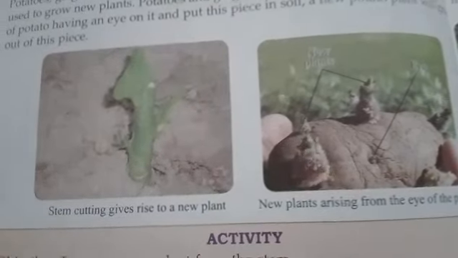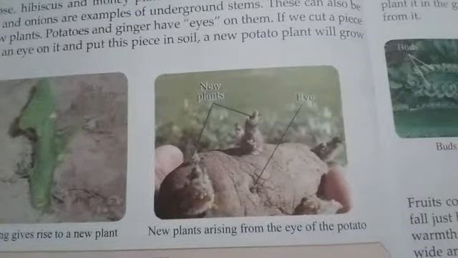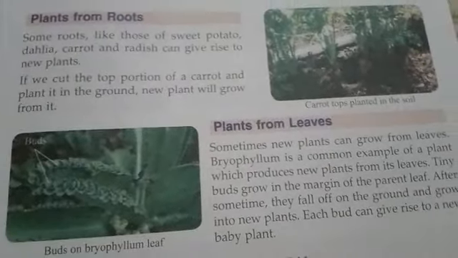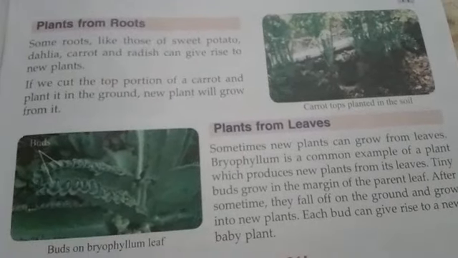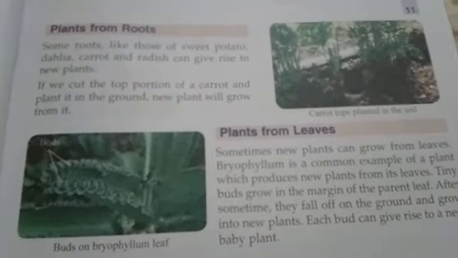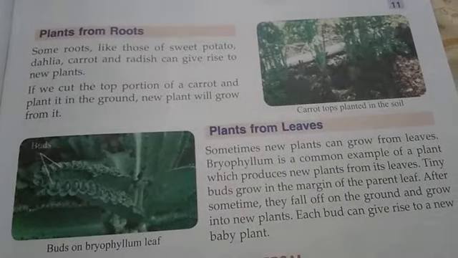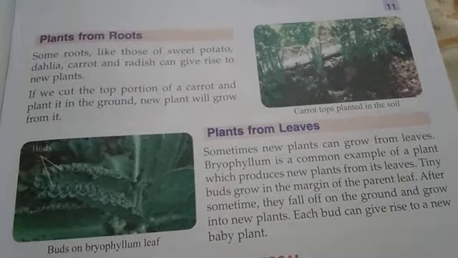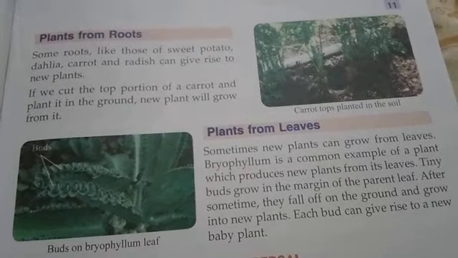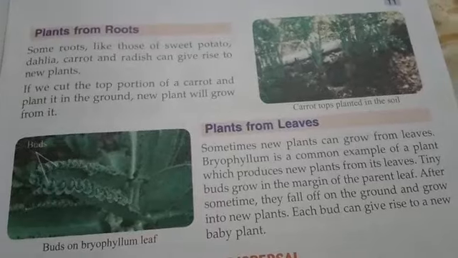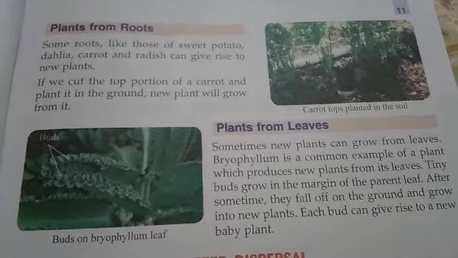Now, I am telling you about how plants grow from roots. Some roots, like those of sweet potato, dahlia, carrot and radish, can give rise to new plants. If we cut the top portion of a carrot and plant it in the ground, a new plant will grow from it.